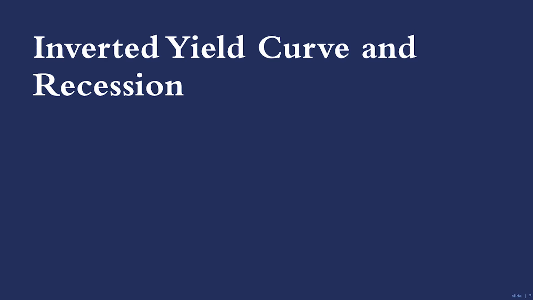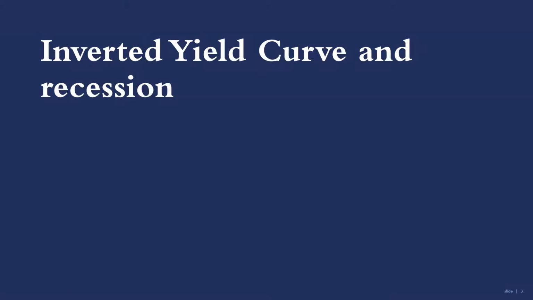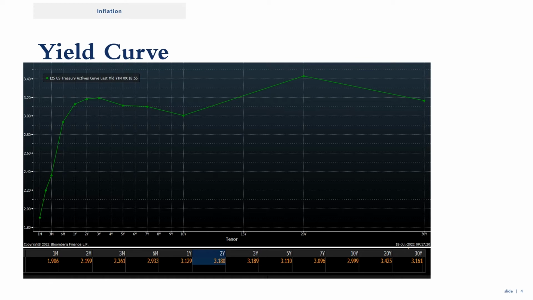When you hear someone talk about an inverted yield curve, it's usually associated with the predictor or the beginning of a potential recession. That's why we pay a lot of attention to it, and it's written about in the news. A yield curve is just a graphical depiction of the U.S. Treasury curve.